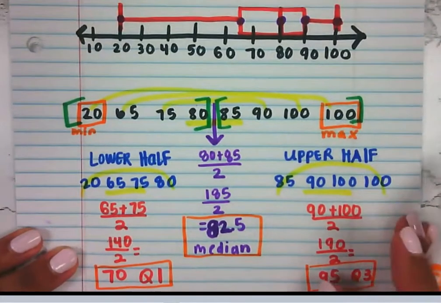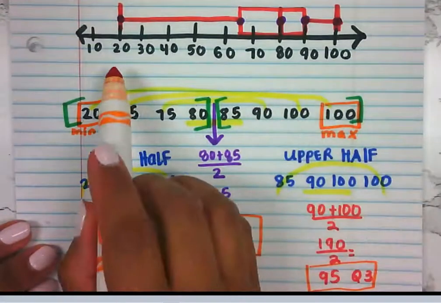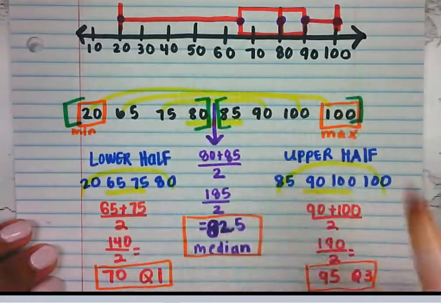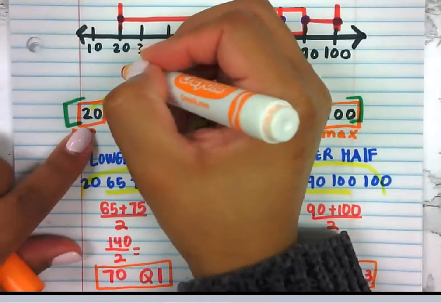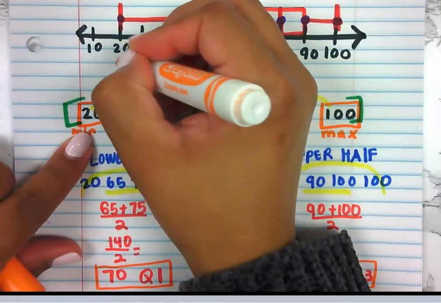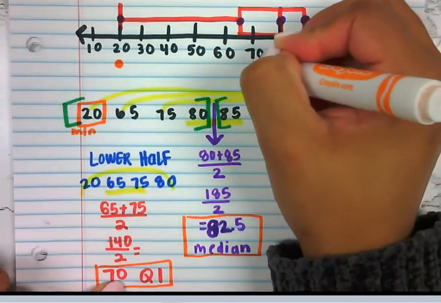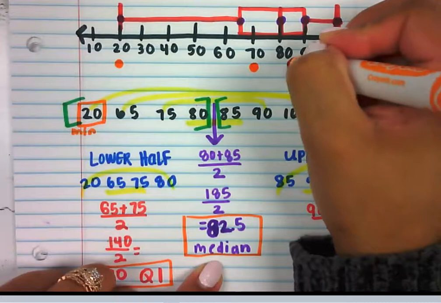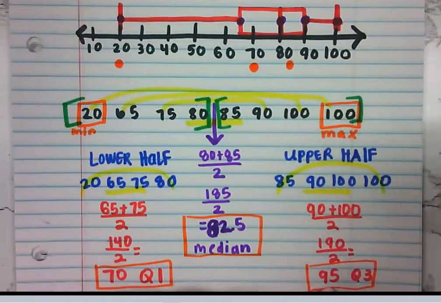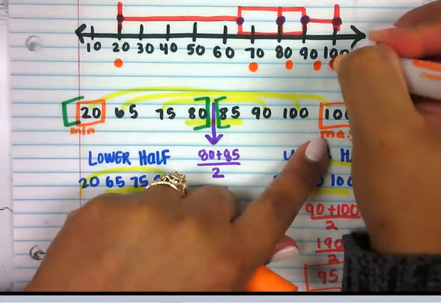So what are we going to do with these 5 numbers? We're going to plot them on our graph. I'm going to do it underneath the number line this time. So we have our lower extreme, 20, quartile 1, 70, quartile 2 or median is 82.5, quartile 3, 95, and maximum 100.